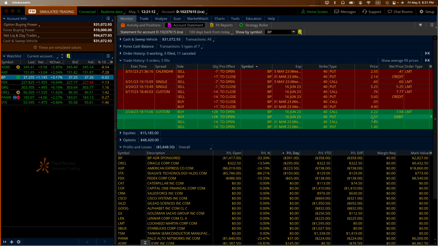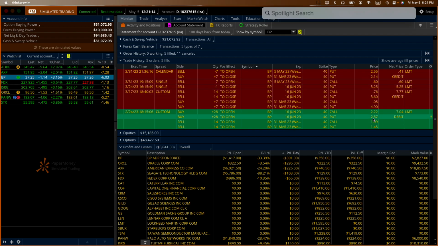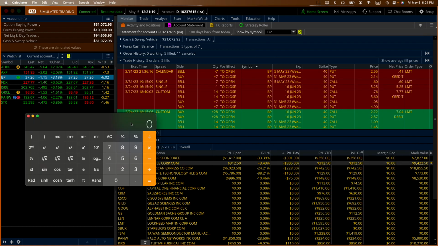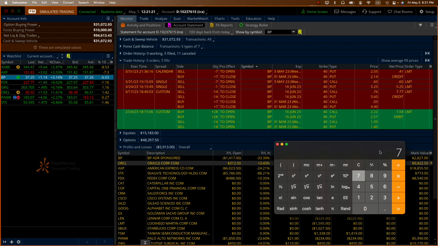Okay, so you can easily calculate this. The original price was 704. Okay, then what happened here? We closed half of it. See that? That's half of it.